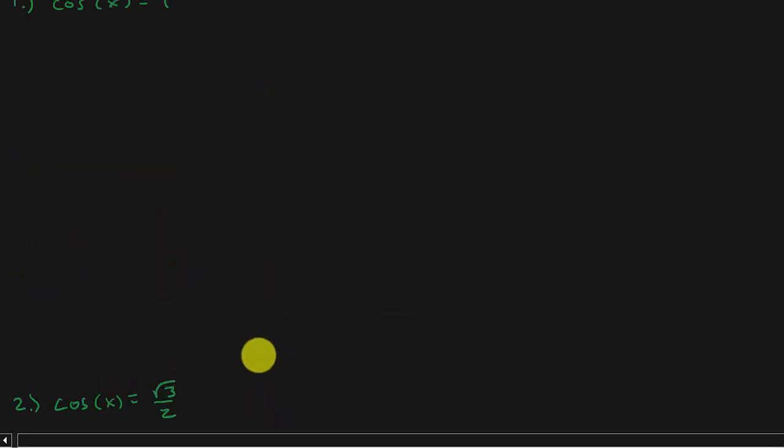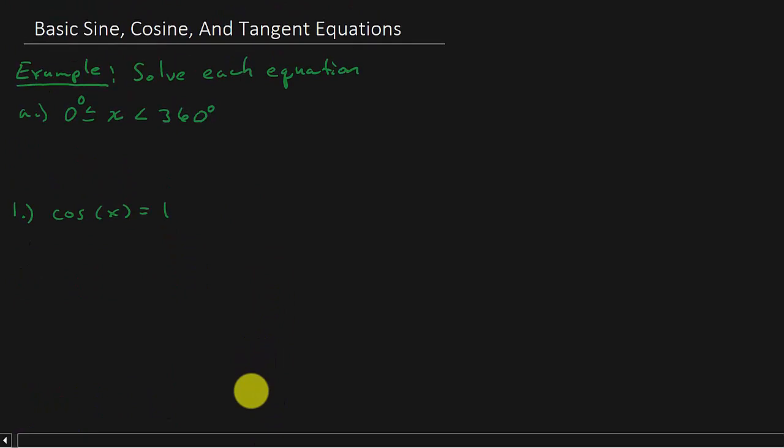But on this one, we don't. If you get sine or cosine equals 0, 1, or -1, that's going to be an angle on one of the axes, a quadrantal angle, like 0, 90, 180, 270, or 360.